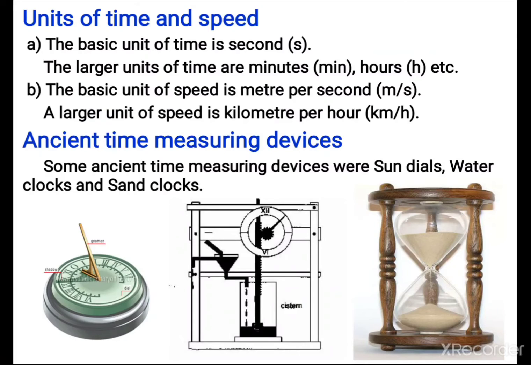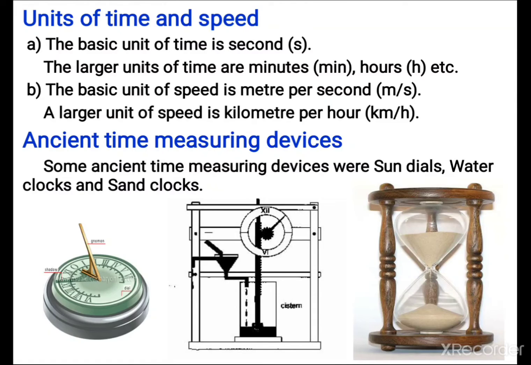Units of time and speed. The basic unit of time is second. The larger units of time are minutes, hours, etc. The basic unit of speed is meters per second.